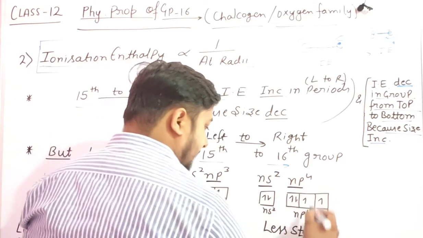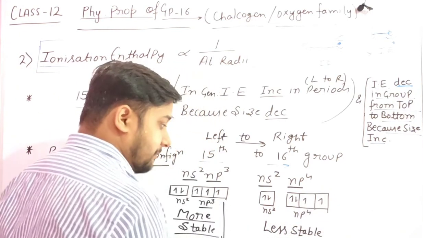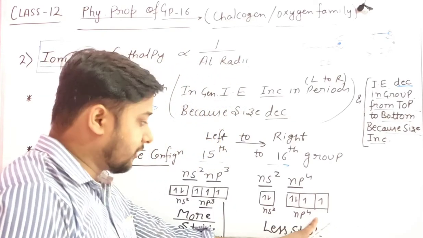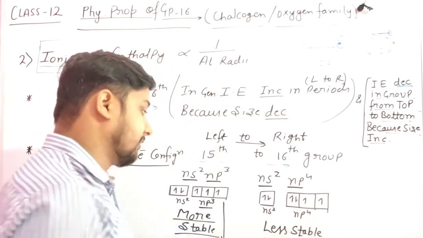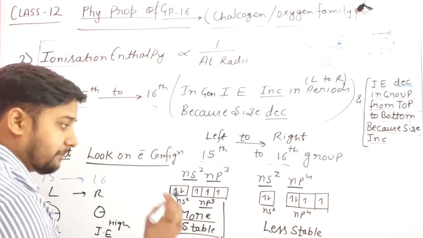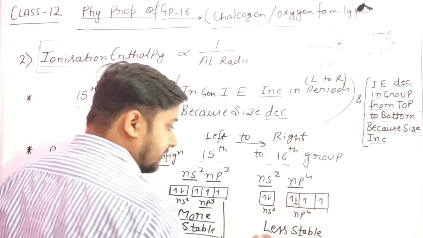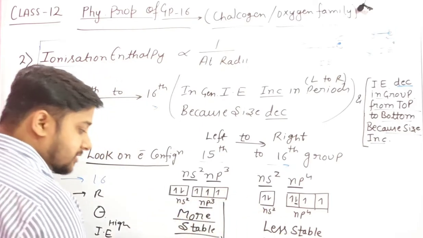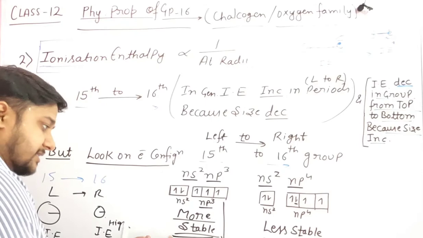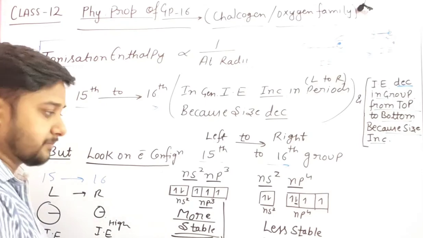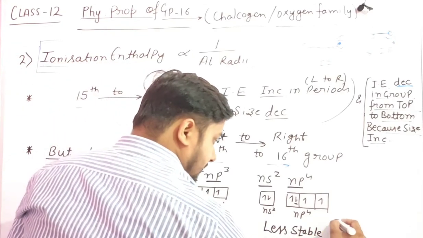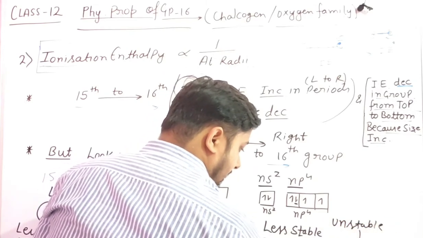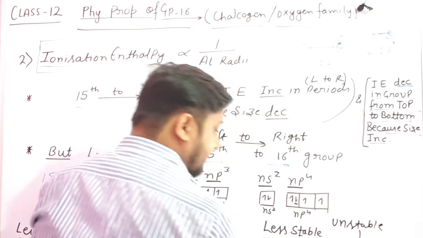But in the case of np4, this is less stable because it is not a fully filled or half filled condition. So the electron will be removed from this very easily as compared to group 15, because group 15 is more stable. We cannot easily go from a more stable condition to an unstable one, but we can convert an unstable condition to a stable condition in a very easy way.